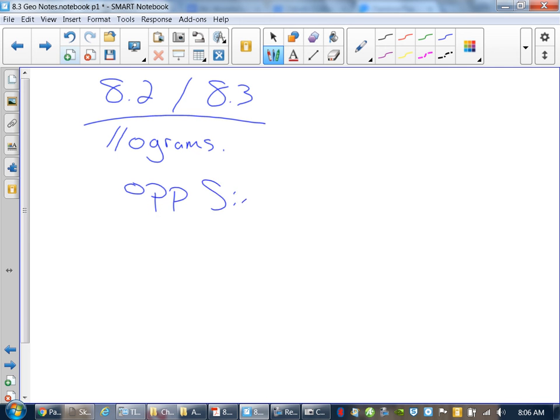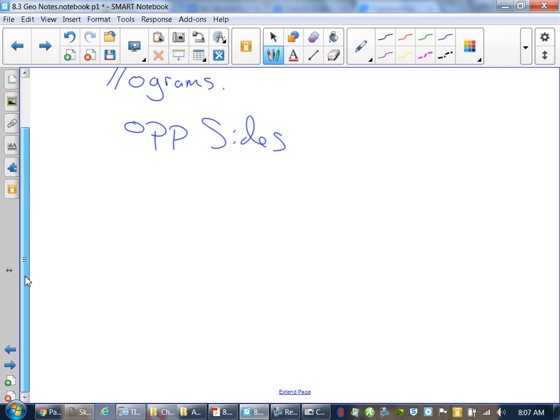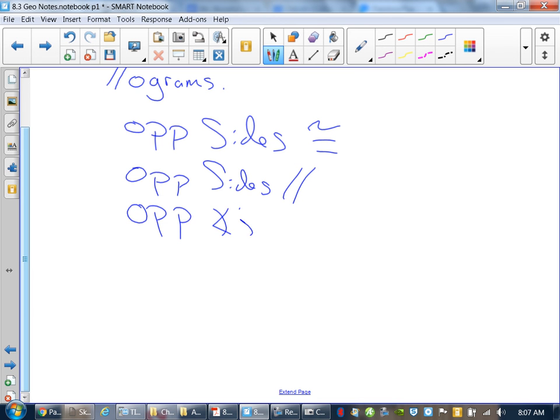Opposite sides are congruent. Opposite angles are congruent.